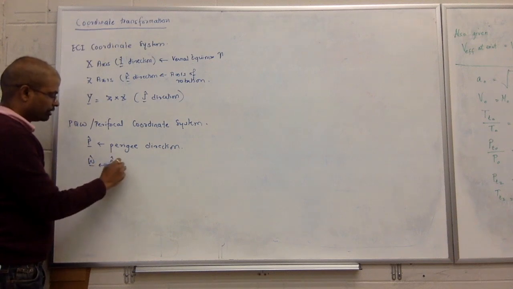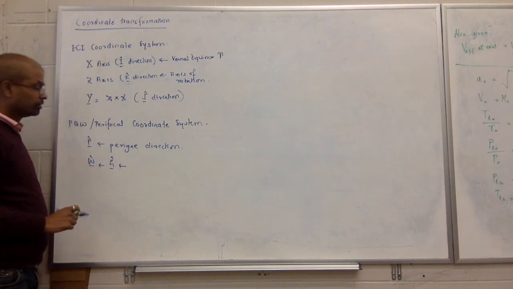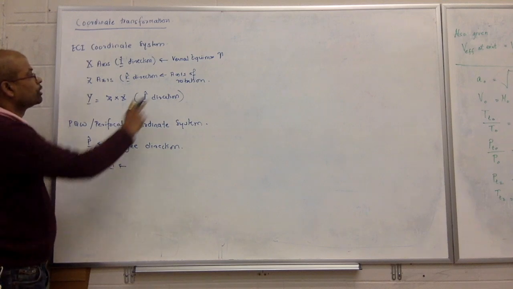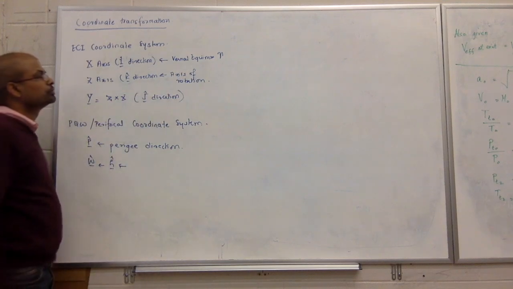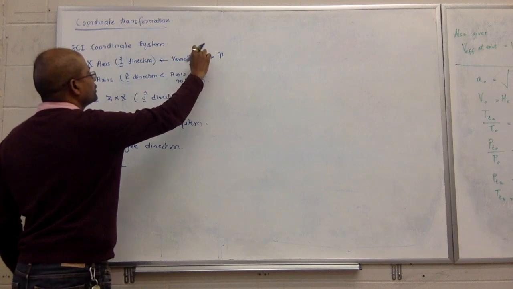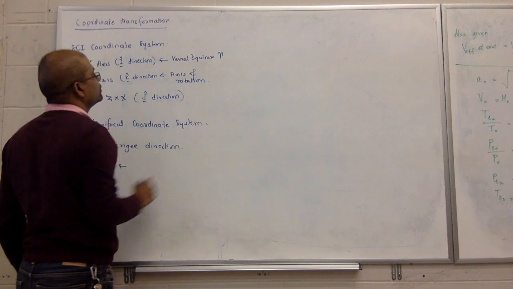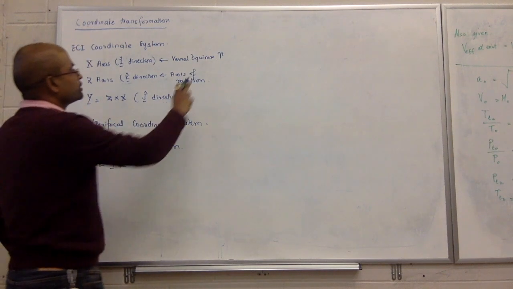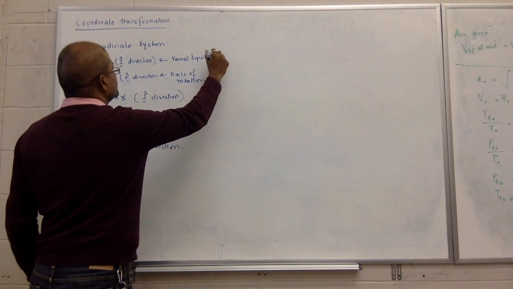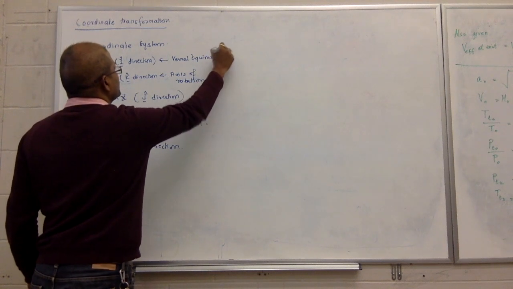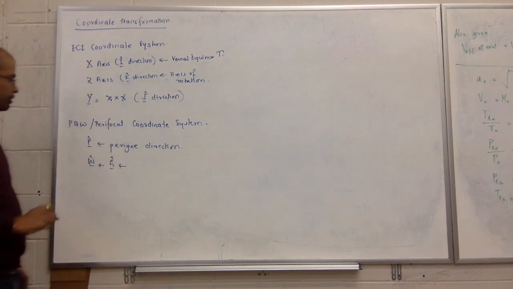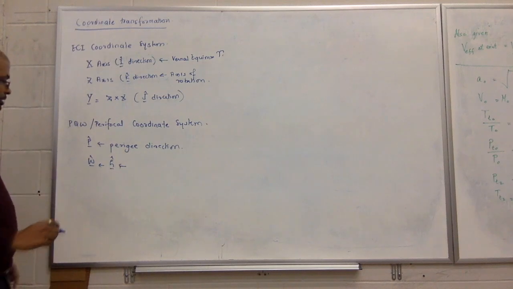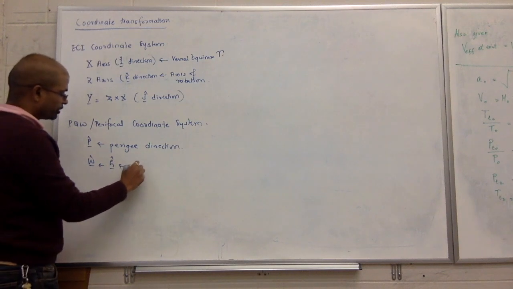Vector H. What does that say after the I direction? Vernal equinox. This is the Aries symbol. H is the angular momentum direction.